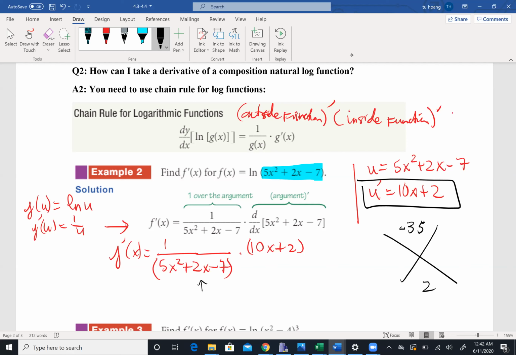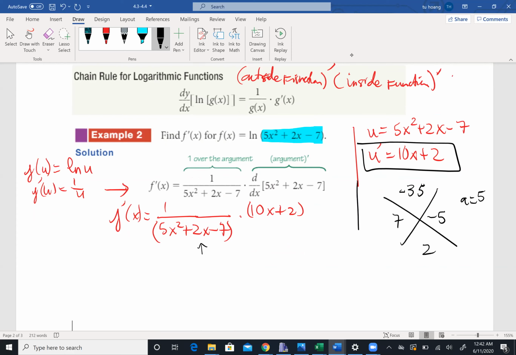So I need two numbers that multiply to negative 35 and add to 2. I think yes, 7 and negative 5. Here A is equal to 5, so it's not a special case, so I need to split this into 4 terms.